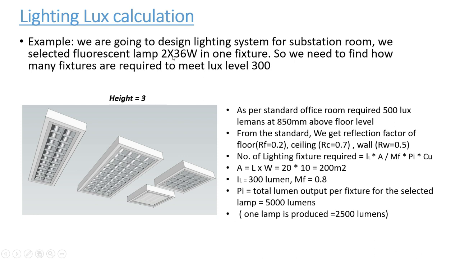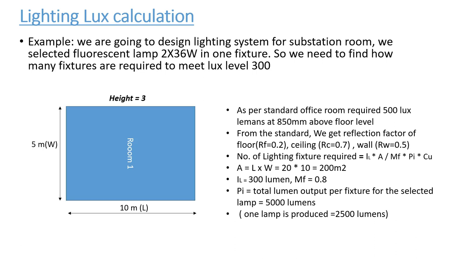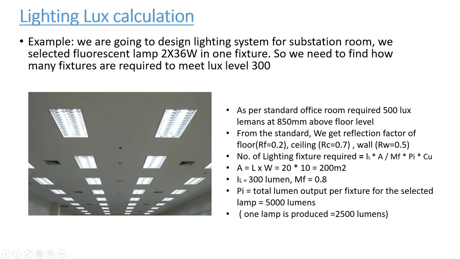This is my lamp consideration, and I have also considered all the basic design considerations. Now I will do the lighting lux level calculation to find how many lighting fixtures are required to meet the 300 lux level for my room, and how I can distribute the lamps equally in the room.